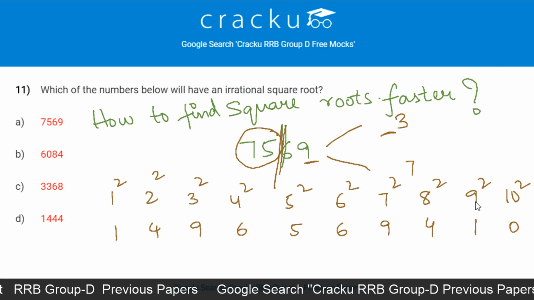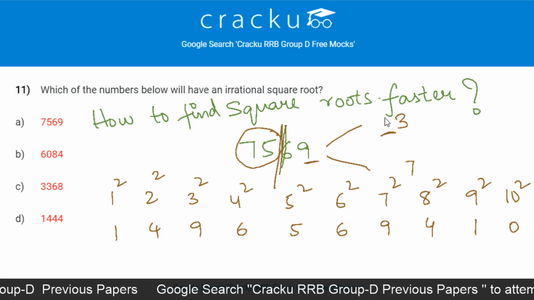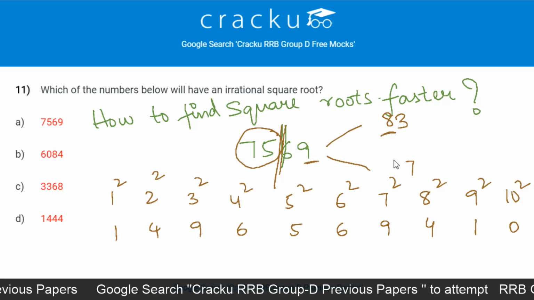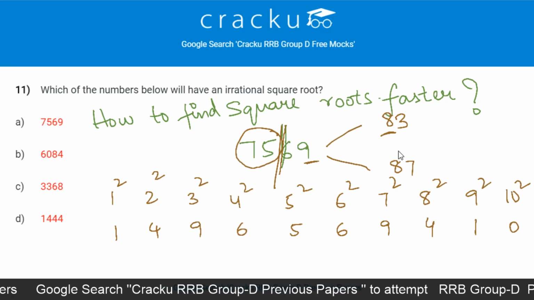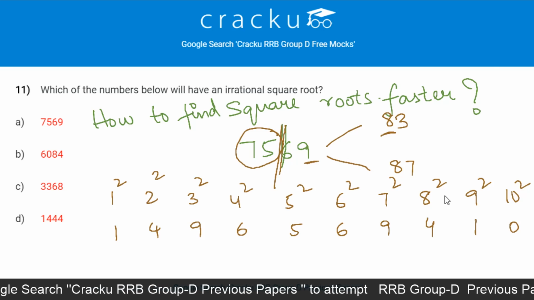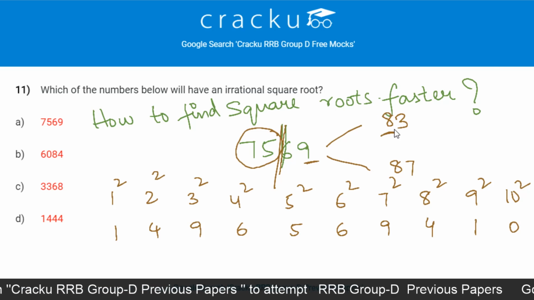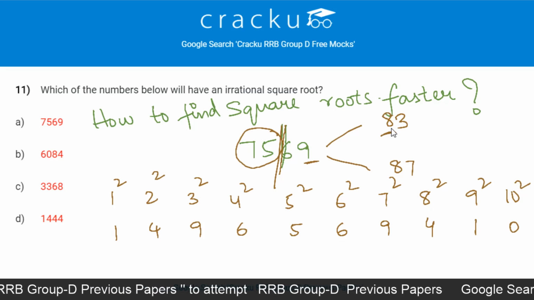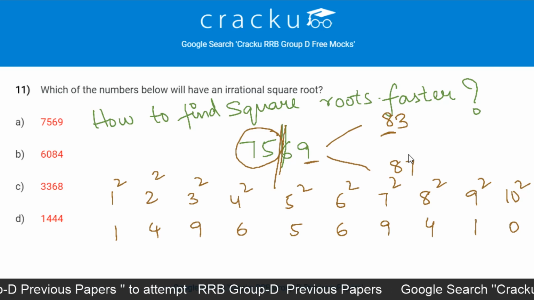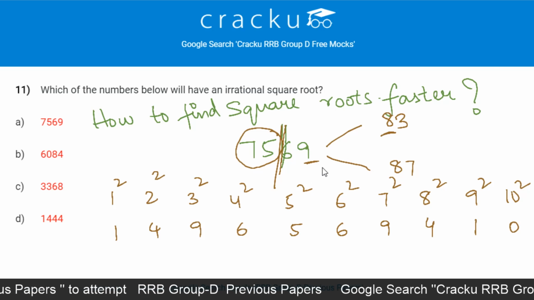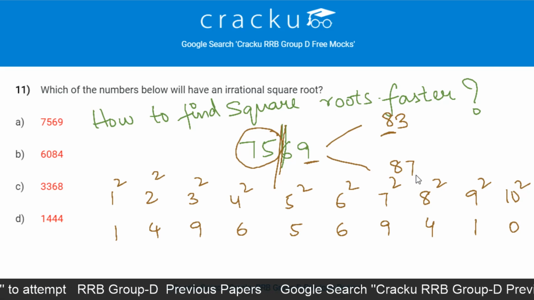So this could be 8, because 75 is coming between 8 square and 9 square. We are going to take the lower one, that is 8. So the square root of 7569 can be either 83 or 87.